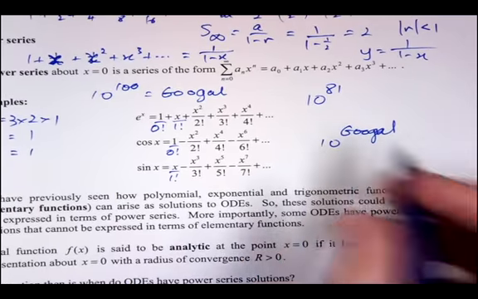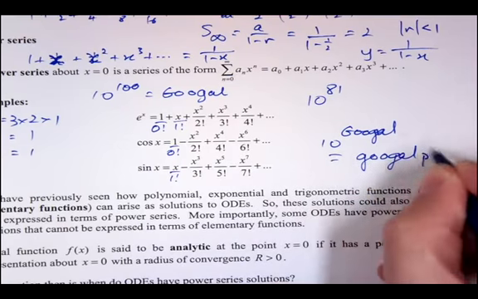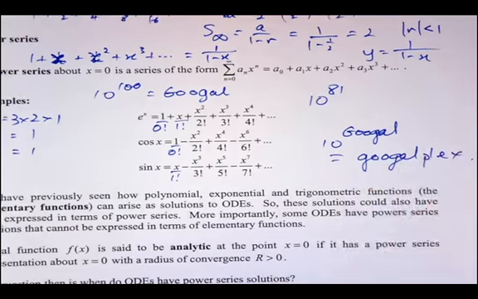That's called a googolplex. That's a big number. That's not the biggest number we've ever used in a mathematical proof. We've actually used a much bigger number in a mathematical proof.